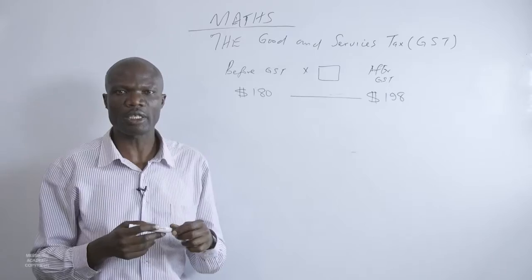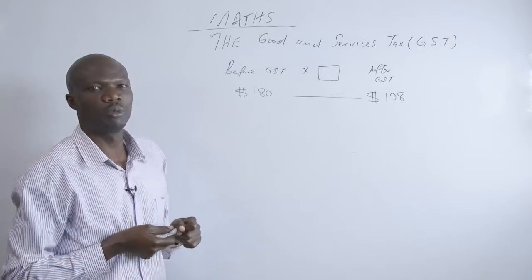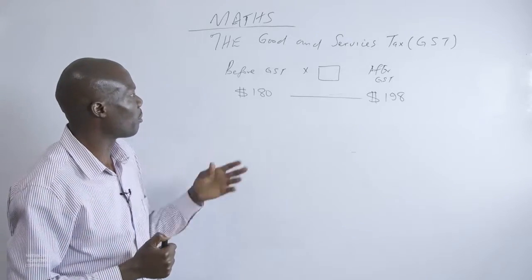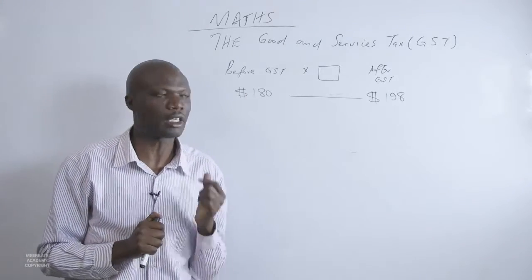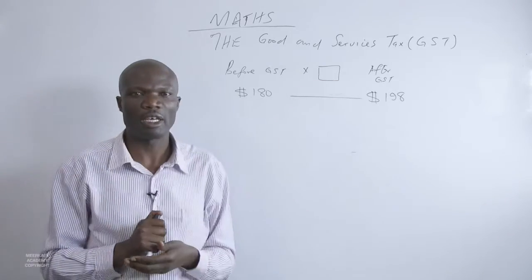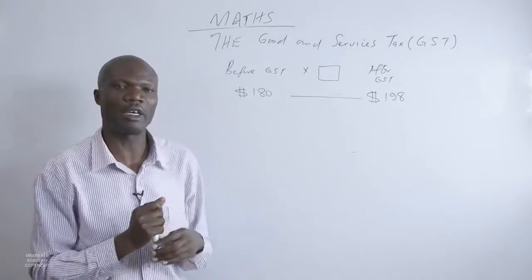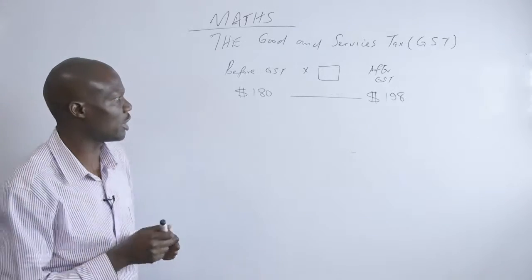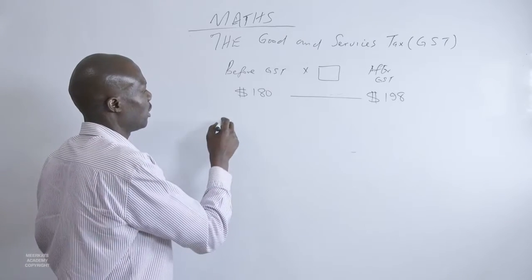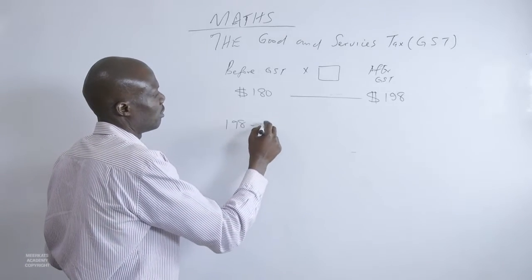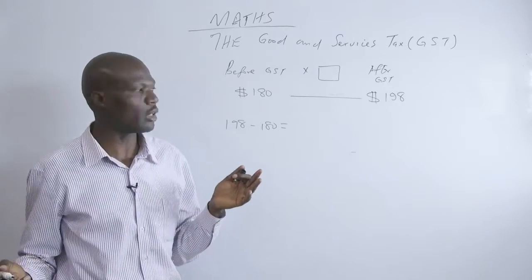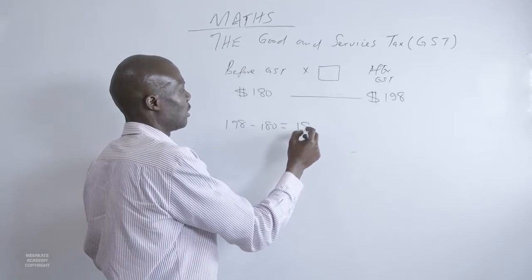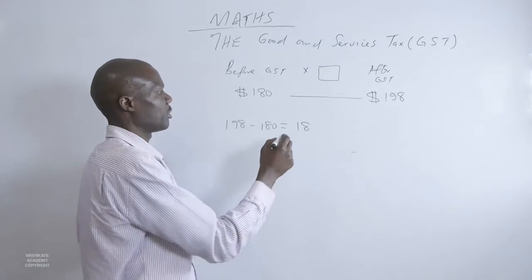Looking at a certain commodity whose price was $180 before the goods and services tax, but after it was going at $198. That is an increase of 198 minus 180, which gives us $18.